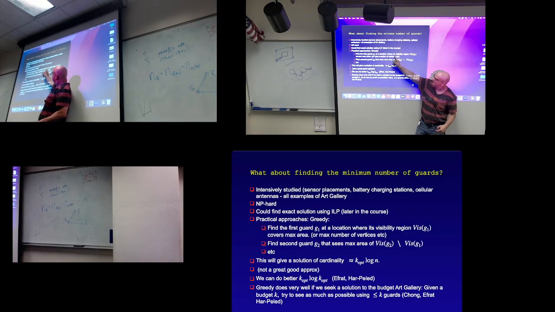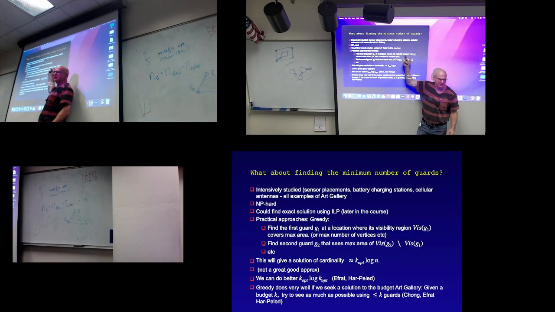That doesn't give me a great bound. Maybe instead I want to place the first guard so the area that it sees is maximum, or the additional information that it provides. So the reducing of the entropy, reducing uncertainty, has the strongest effect from the first guard.